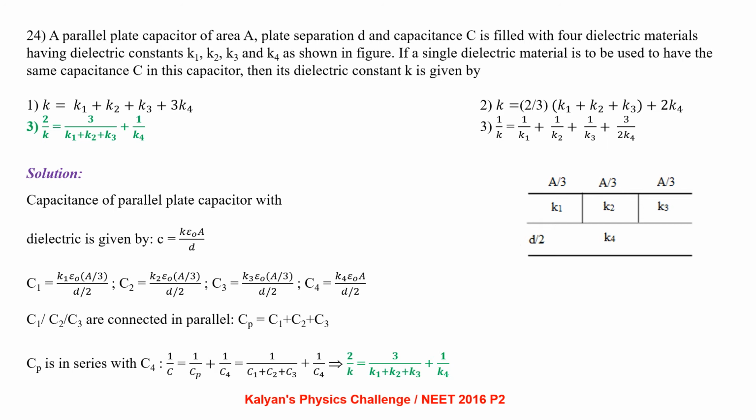As C1, C2, C3 are in parallel, the effective capacitance is C1 + C2 + C3. This combination is connected in series with C4. So the final value comes out to be 1/C = 1/C_parallel + 1/C4. Upon simplification, we get 2/K = 3/(K1 + K2 + K3) + 1/K4.